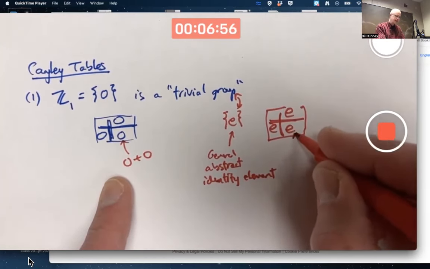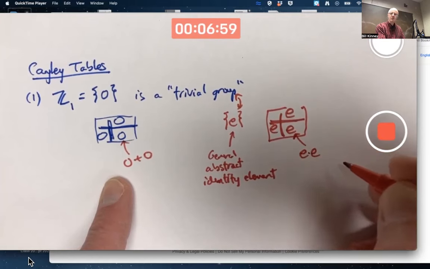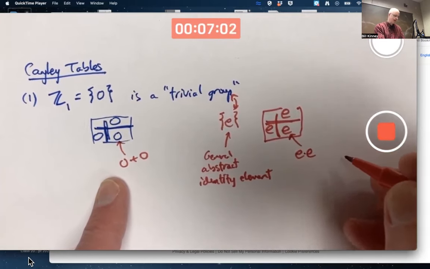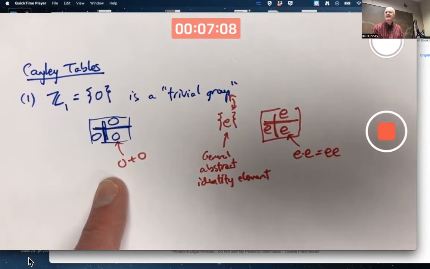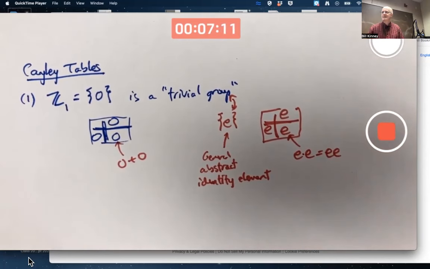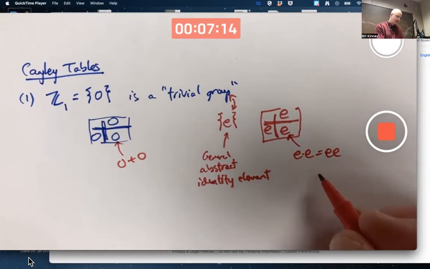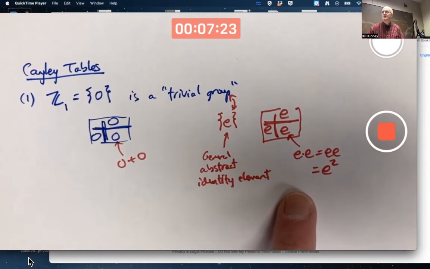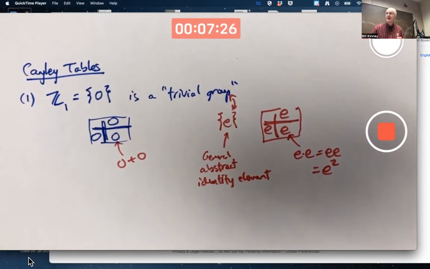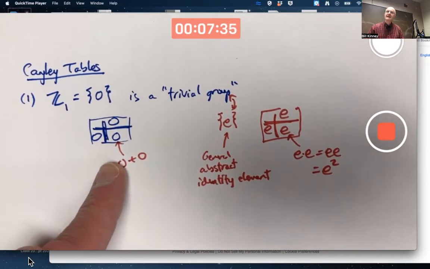Here we think of this E as E times E. I could put a dot for times, but we don't typically bother with the dot. If I just write EE, it's assumed to mean E times E, which you could write as E squared if you wanted to, if you're thinking of this abstract group in terms of multiplication, which we typically do as a traditional thing. When we're talking about group theory in the abstract, we typically imagine the operation to be multiplication, but for particular examples like this, it could be addition.